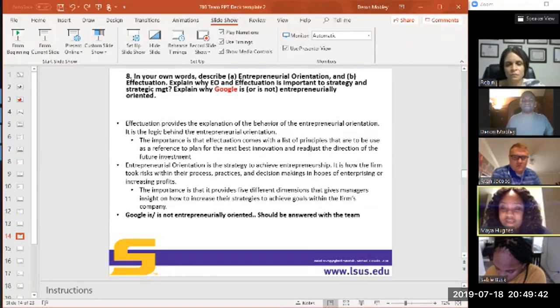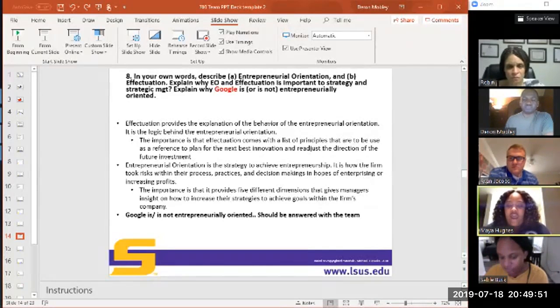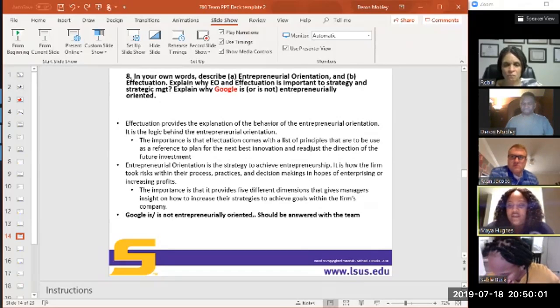Entrepreneurial orientation is important because it provides 5 different dimensions that give managers insight on how to better their strategies within their organization, or add on to their strategy, or just to get the goal that the firm needs.